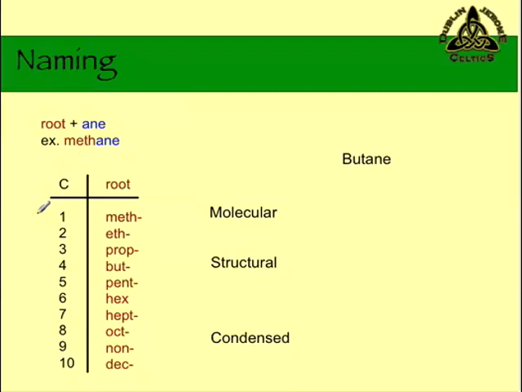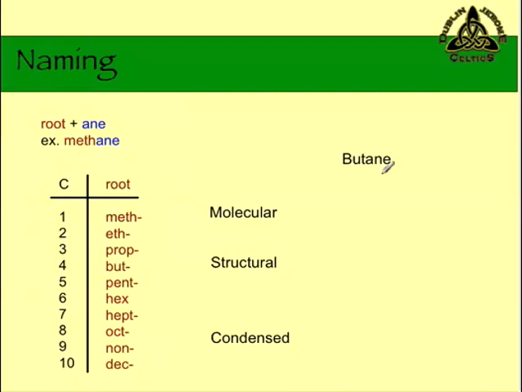So if you have 1 carbon, an alkane that consists of 1 carbon, then the root you use for the name is meth. If the alkane consists of 2 carbons, the root you use for the name is eth. 3 carbons, the root is prop, and so on and so forth. You can read yourself down the list, but I'll read it for you real quick. Meth, eth, prop, but, pent, hex, hept, oct, non, and dec.